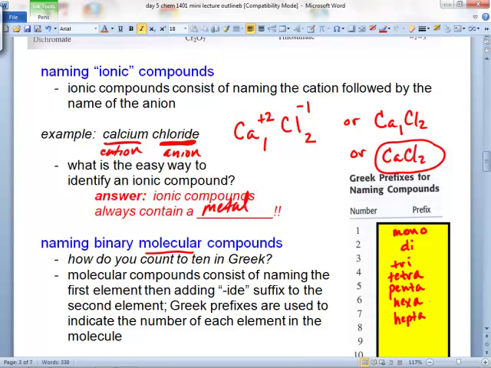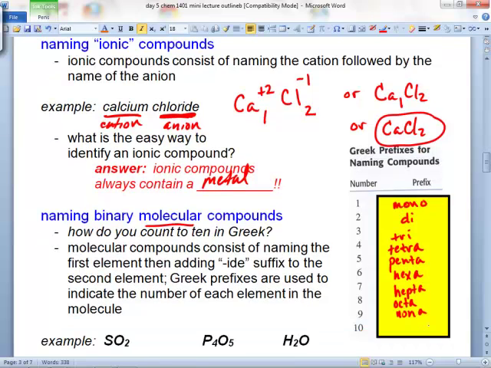Not very common though. 8, octa. Octagon? Isn't that the shape of our security place there in Washington? 9, nona. Dang, she already knows her Greek. And 10 is the last one we need to know. Deca. Mono, di, tri, tetra, penta, hexa, hepta, octa, nona, deca.